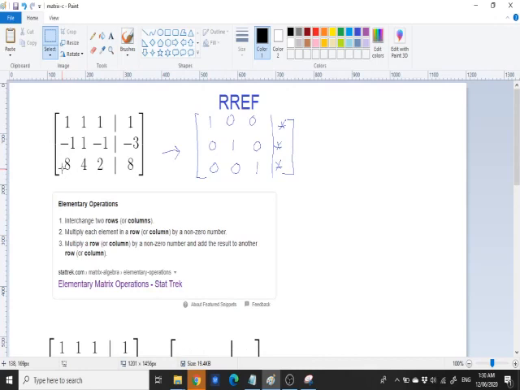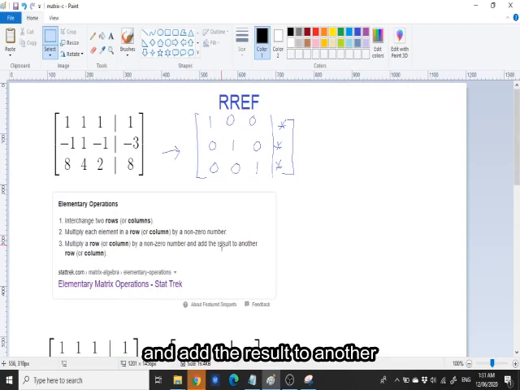For example, since this entry is not 1, if you want to make it 1, you can divide all of the entries in this row by 8, so that the entry becomes 1. Third, you can multiply a row by a non-zero number and add the result to another.